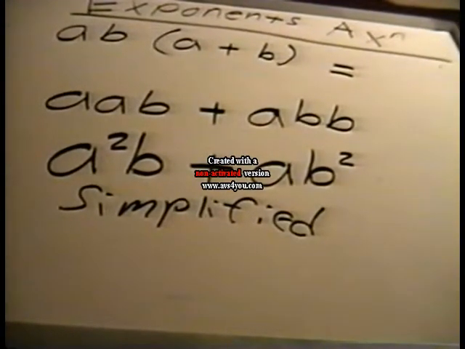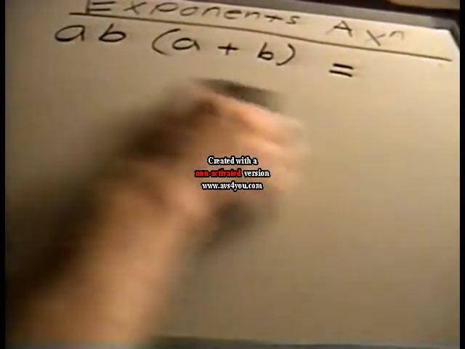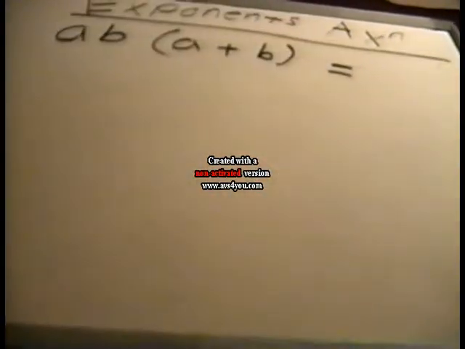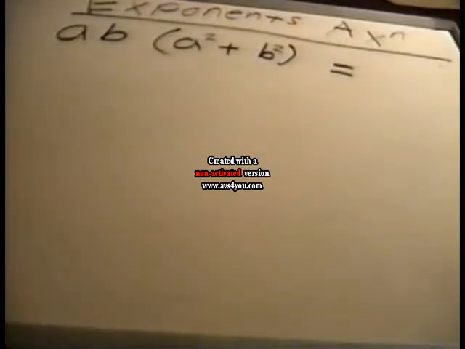And we distribute the A into both additives. That becomes A by A plus AB. And A by A equals A to the power of 3.